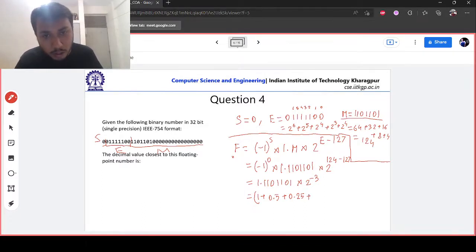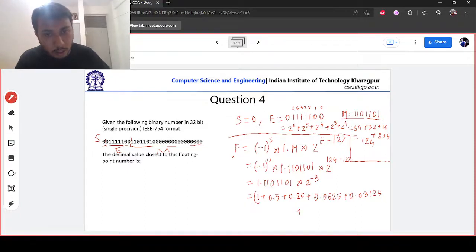Now this one is 0, so the portion of 0.125 is gone. So the next, that is again divided by 2, it becomes 0.0625, plus this one. So again we will divide it by 2, it becomes 0.03125.